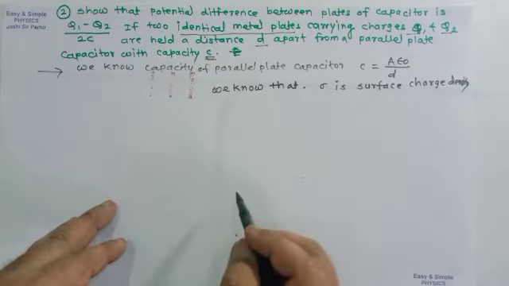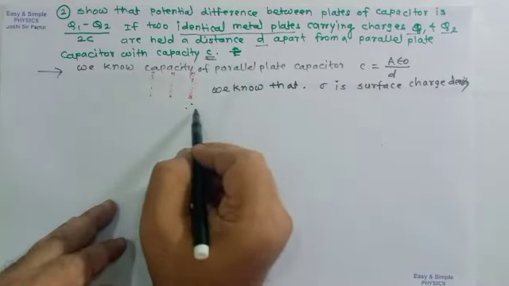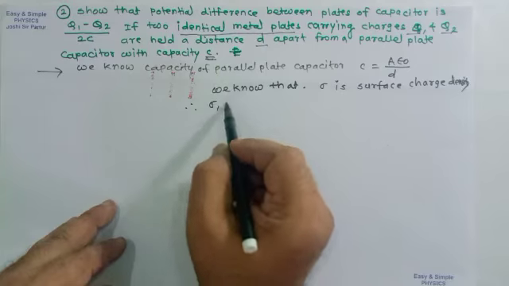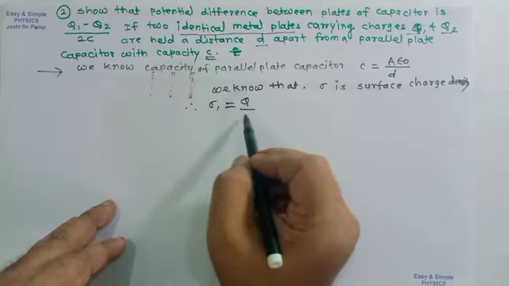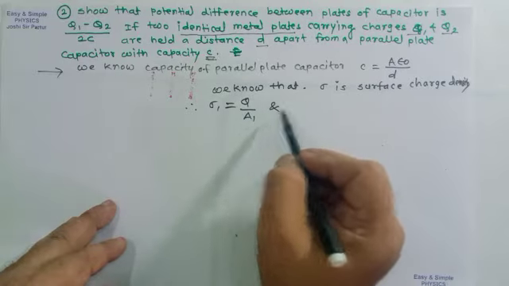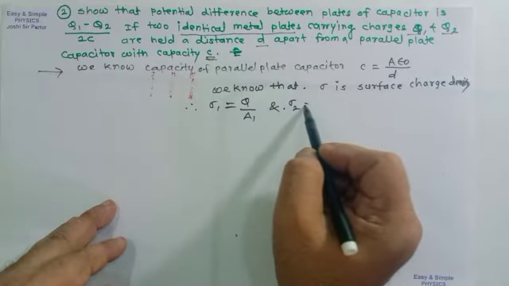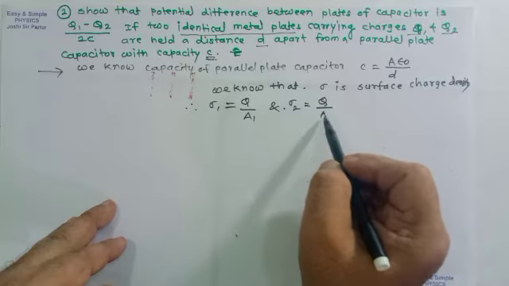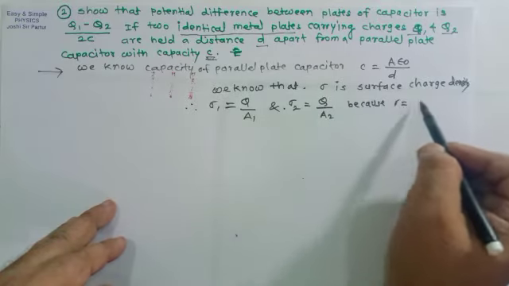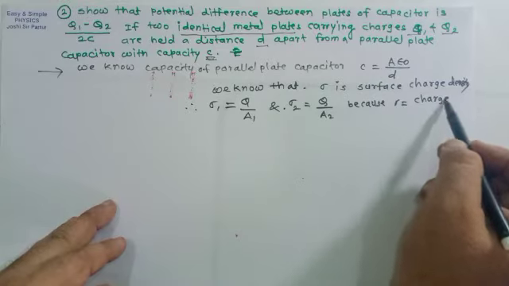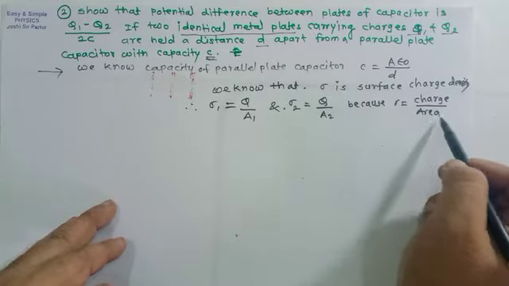So therefore rho 1 is equal to Q upon A1 and rho 2 is equal to Q upon A2, because rho equal to charge upon area.